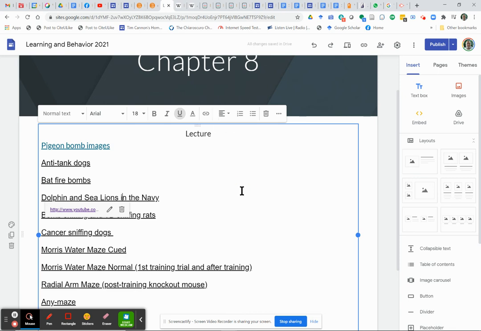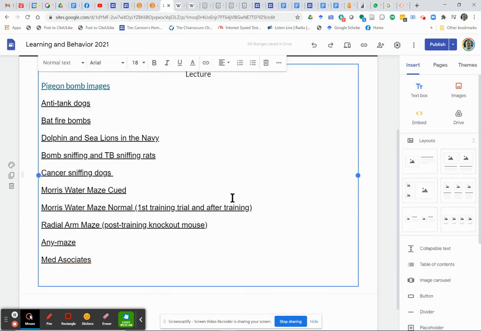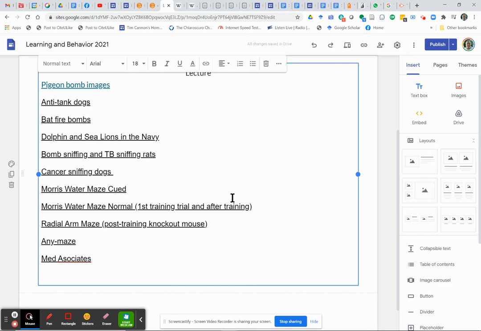It wasn't like the dogs. We didn't blow them up. Our dolphins and sea lions. This is pretty amazing, and you're going to see some pretty amazing rats here.